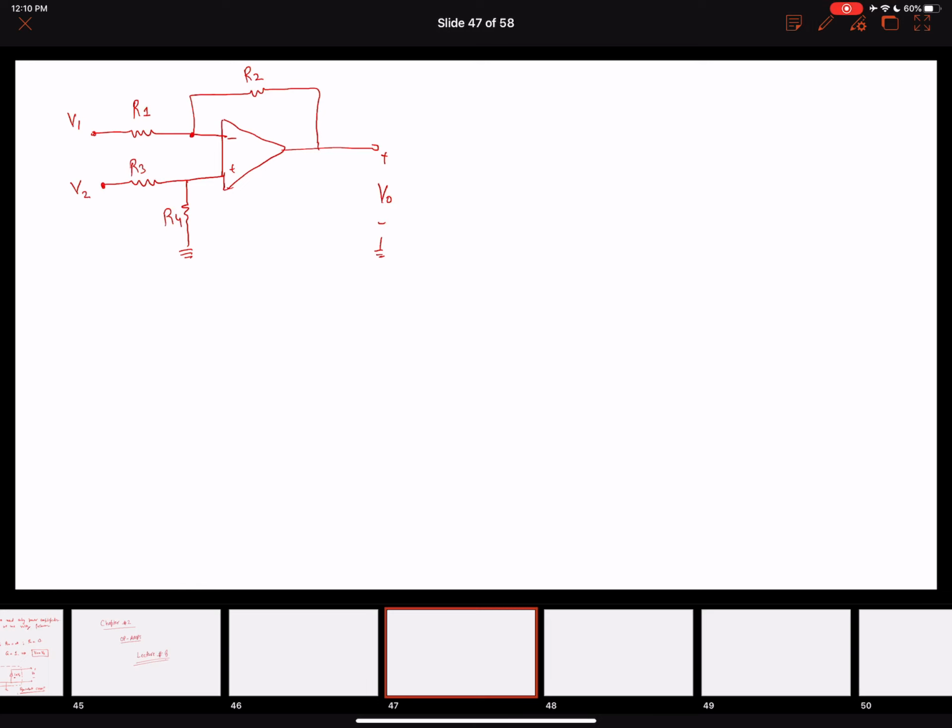Right, and let's call this node voltage V positive, and let's call this node voltage V negative. All right, and the current that is flowing here is I1 and here I2.